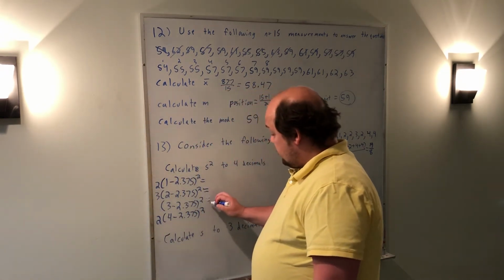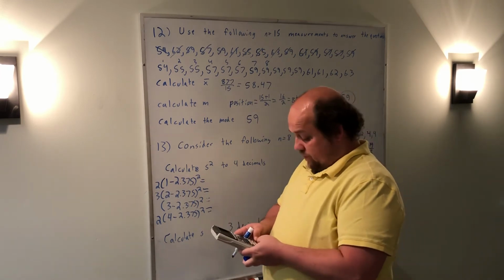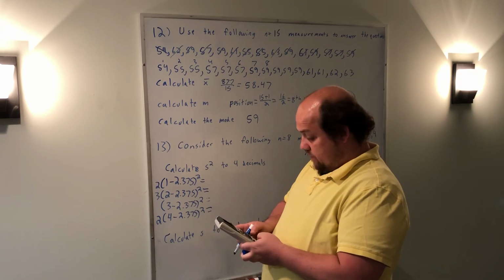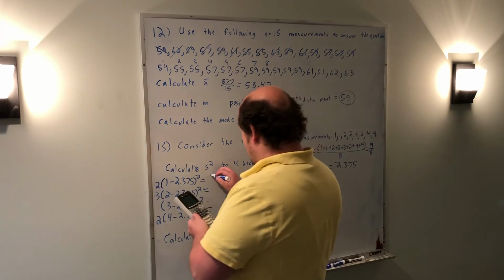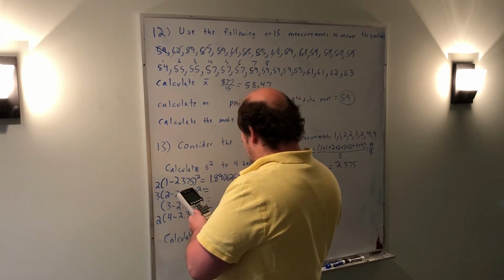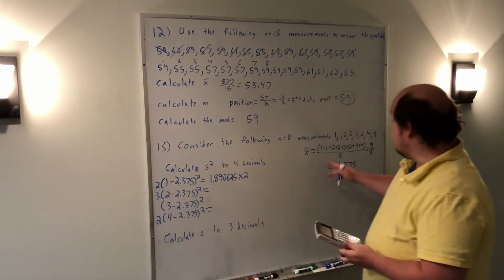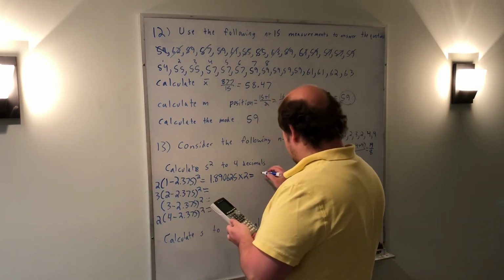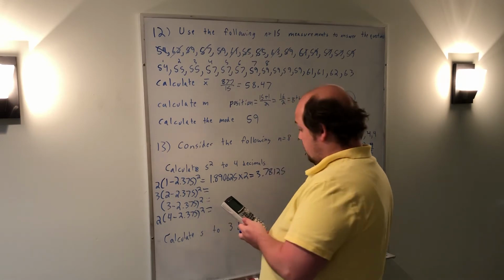So I'm going to put each of them into my calculator, first how they are, and then multiply by whatever's in front. So if I do 1 minus 2.375, and I square the result, this gives me 1.890625, which I'm going to multiply by 2, because there's twice in my data set that I have the number 1. So when I multiply that by 2, I get 3.78125.